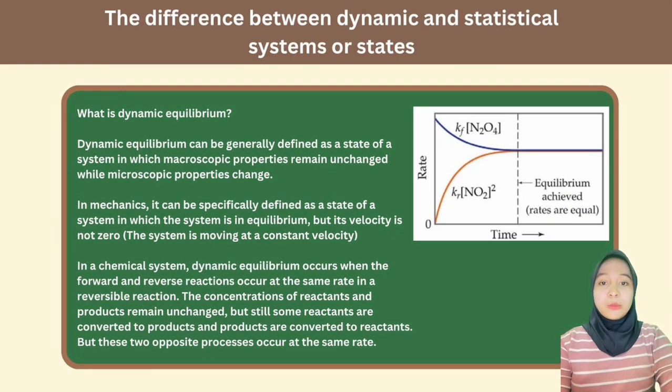However, these two opposing processes occur at the same rate. It can be seen in the image on the side that macroscopically, there is no visible change. The system is said to be in a state of dynamic equilibrium, which means that the reactions to the right and to the left continue, but at the same rate.